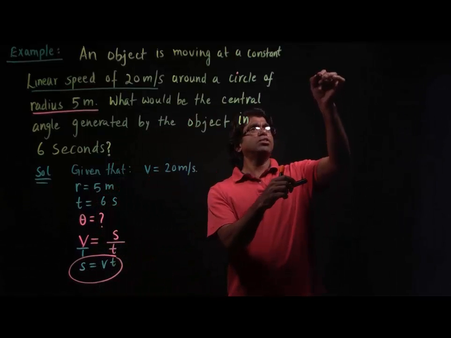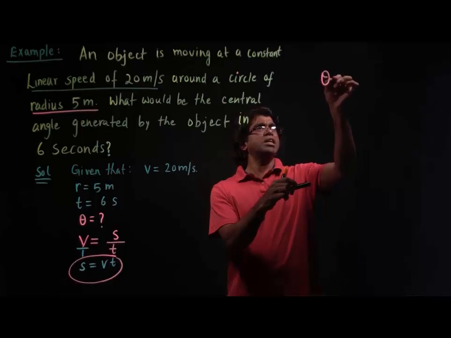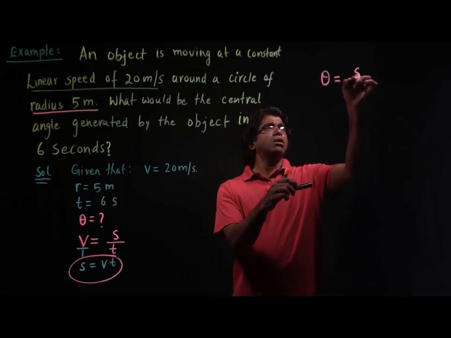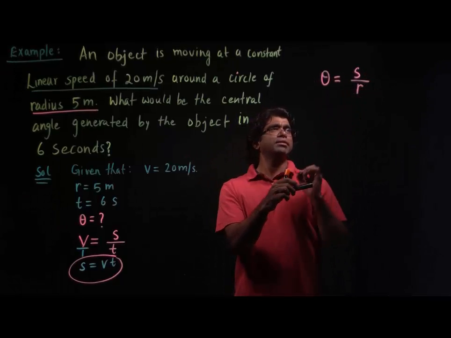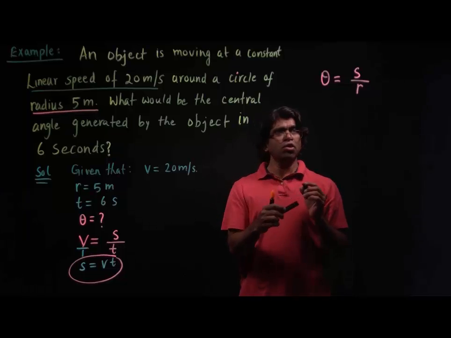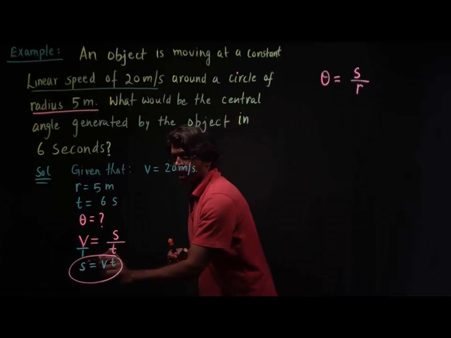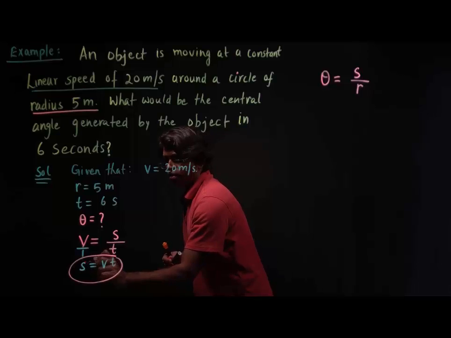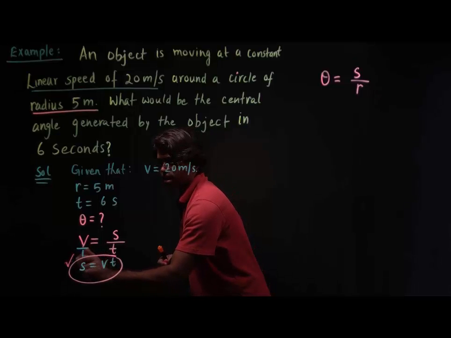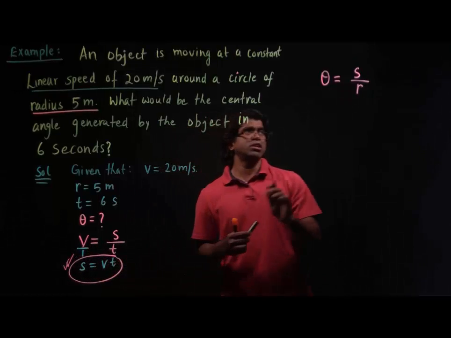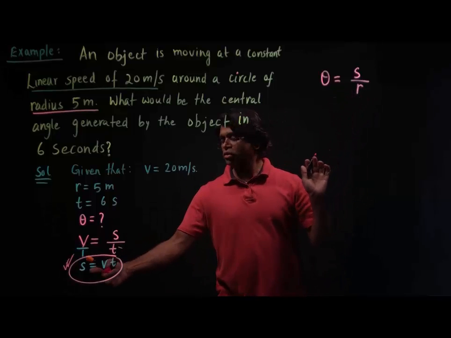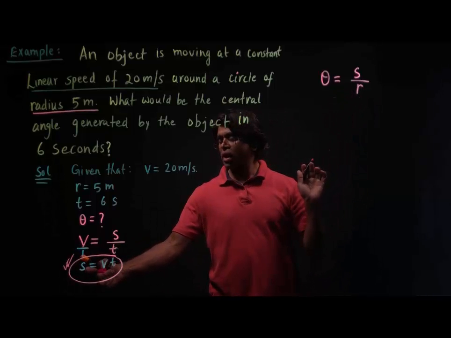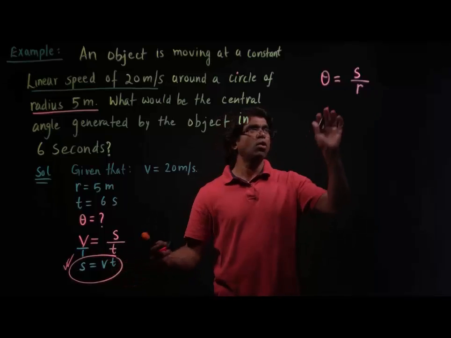Now we also know that angle theta is equal to arc over radius, right? My arc right here, which is a distance, is given as v times t. So I'm going to substitute the value of s equals vt over here.